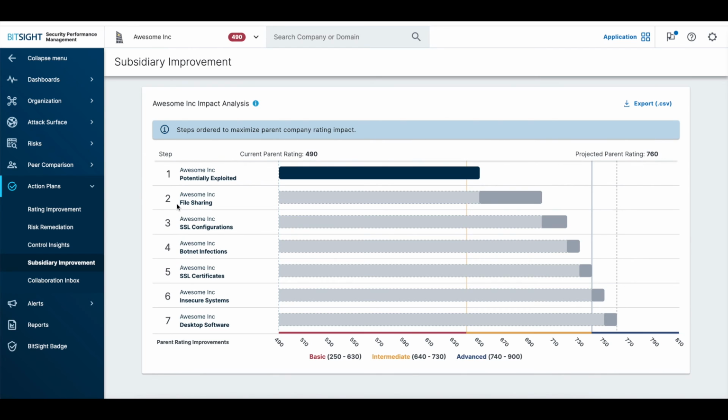So to recap, we've used BitSite MySubs to make management and governance jobs easier, and by getting a better understanding of the extended network.